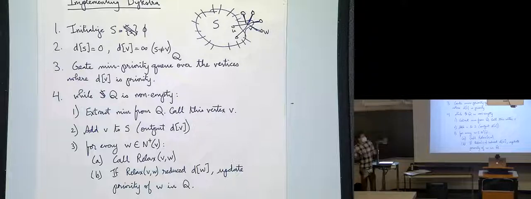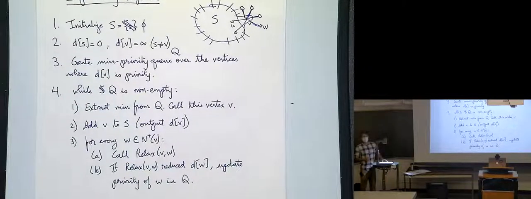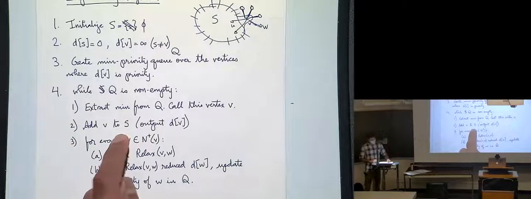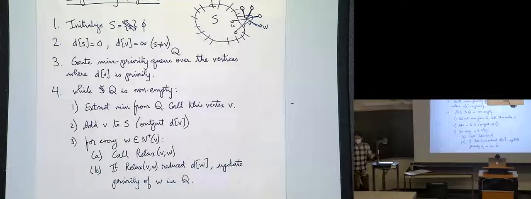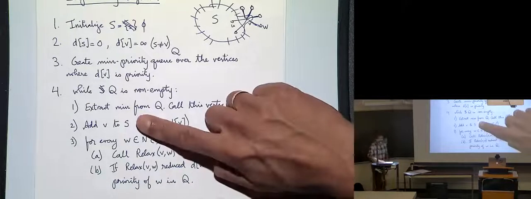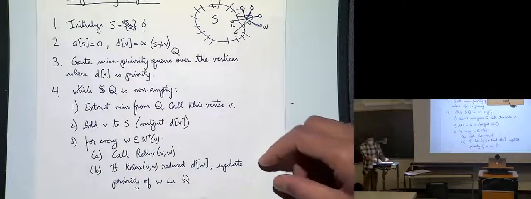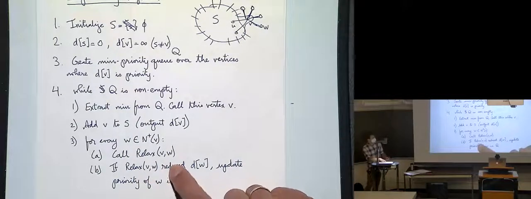Okay, does this algorithm make sense? What is outputting dV in step 4.2? I'm just saying you print it out, because I'm not maintaining predecessor pointers. You could also maintain predecessor pointers every time you do a relax.